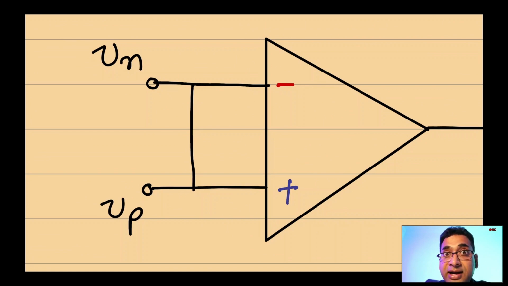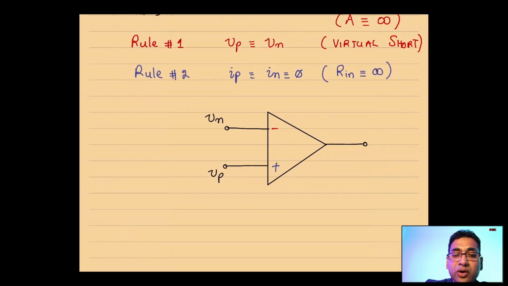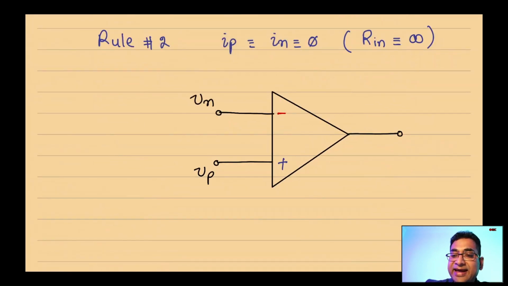They're not really shorted together, however, they behave as if they are shorted, hence the name virtual short. That's rule number 1: Vp is the same as Vn in linear region of operation.